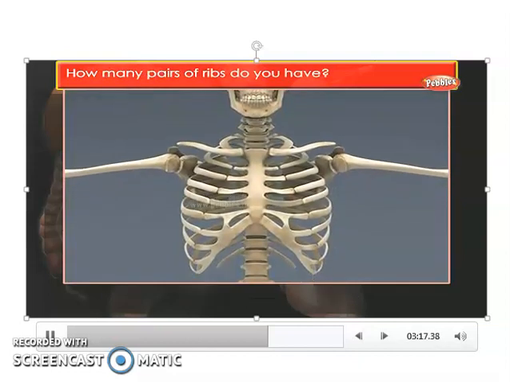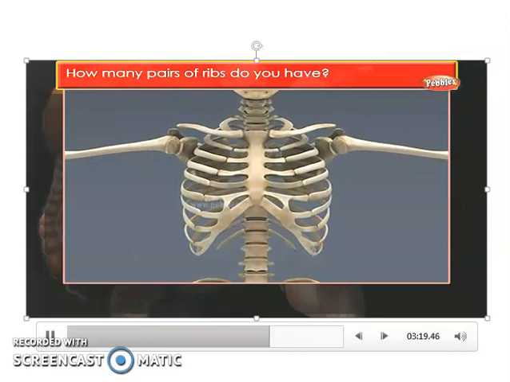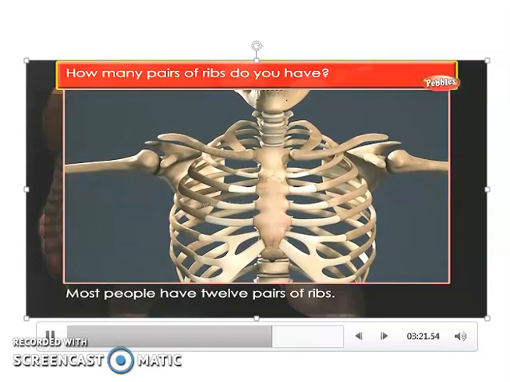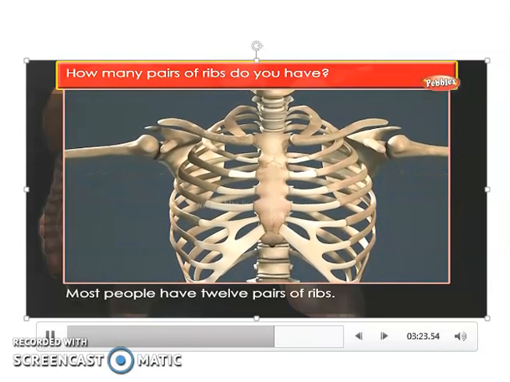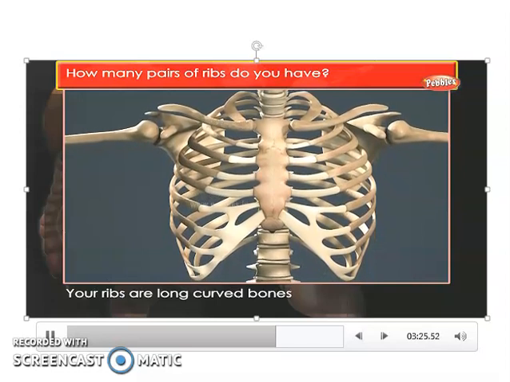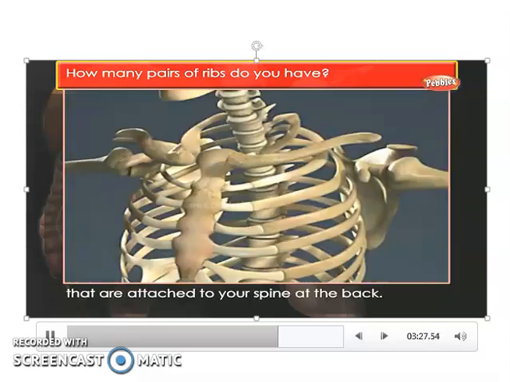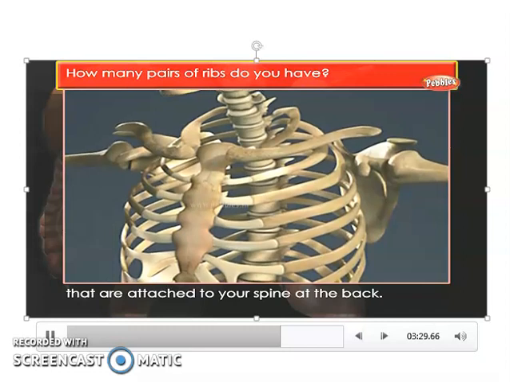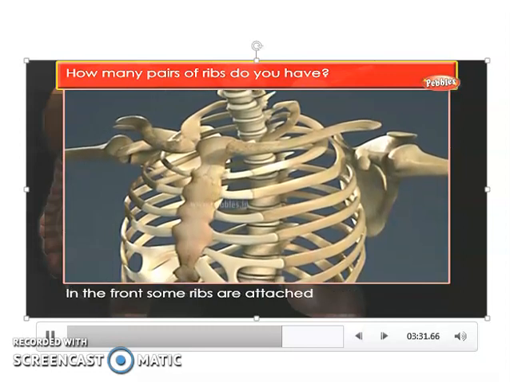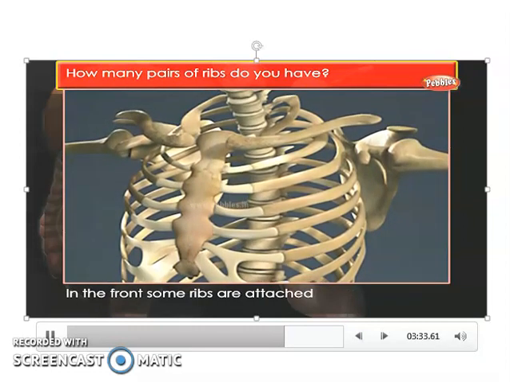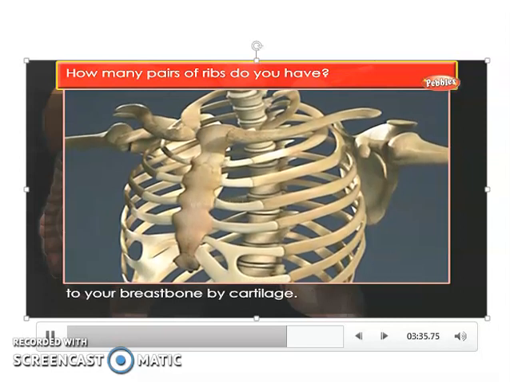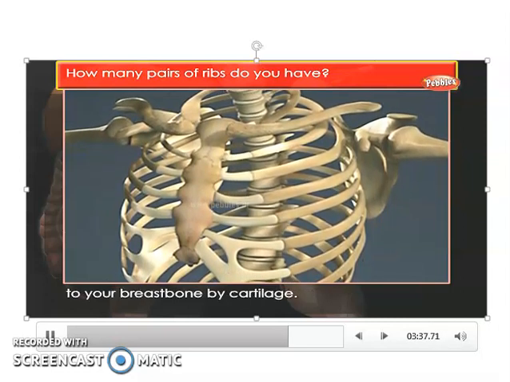How many pairs of ribs do you have? Most people have 12 pairs of ribs. Your ribs are long, curved bones that are attached to your spine at the back. In the front, some ribs are attached to your breastbone by cartilage.